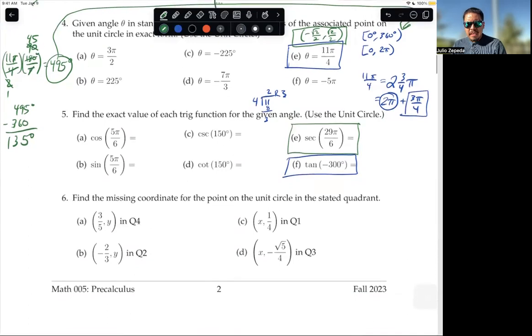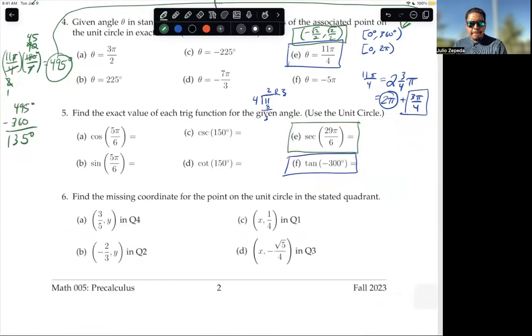So we can divide 6 into 29 to see. 29 pi over 6. Well, we know 6 goes into 29 more than 2 times. So if we divide 6 into 29, 6 goes into 29 4 times. 4 times 6 is 24.